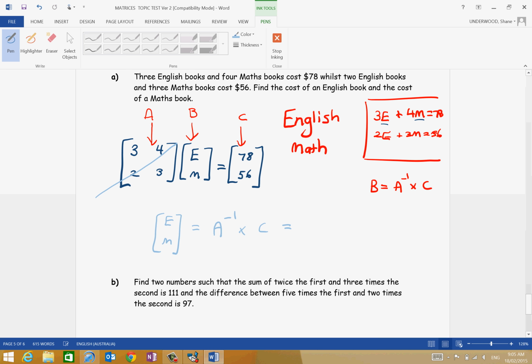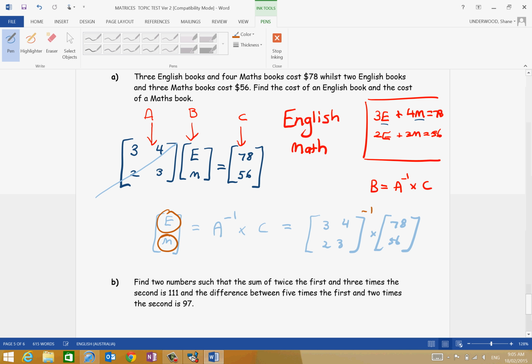So now I'll do that in my calculator, though. We're not asking you to do it by hand. We may ask you to do it by hand, and when we do, you need to show us the working, finding inverses and things. But the inverse of 3, 4, 2, 3 times matrix C, which is 78, 56, and that's going to give us our answers for English and math. Yes, to the negative 1, sorry.